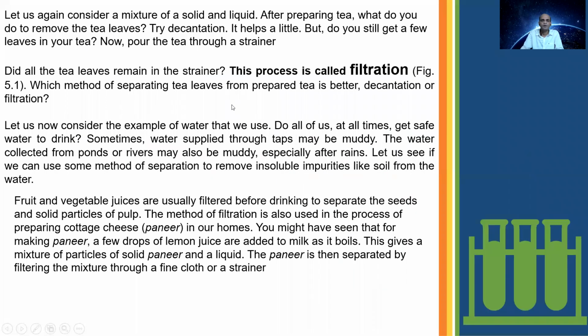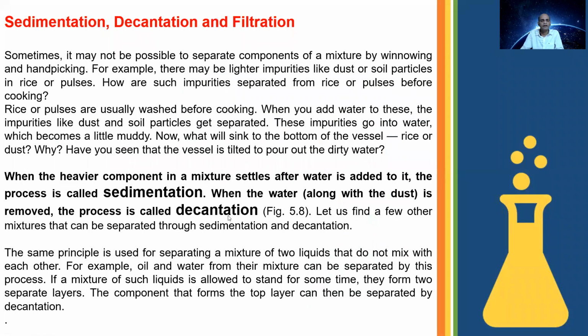Okay, so when the water is removed, the process is called decantation. Now get it? When an impurity is mixed with water and is not miscible, miscible means what? Suppose you put sugar, it mixes with water, you can't see it. But when sand or chalk dust is put, it doesn't mix with water.